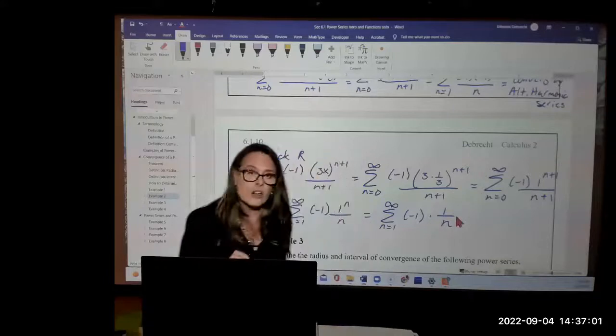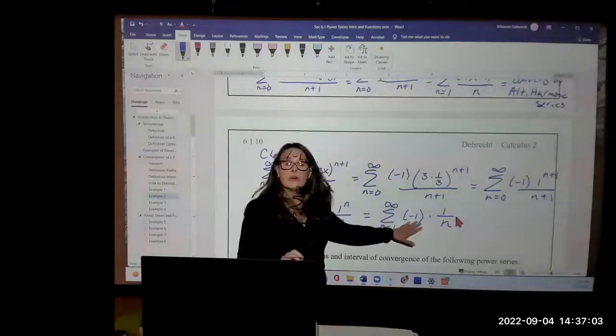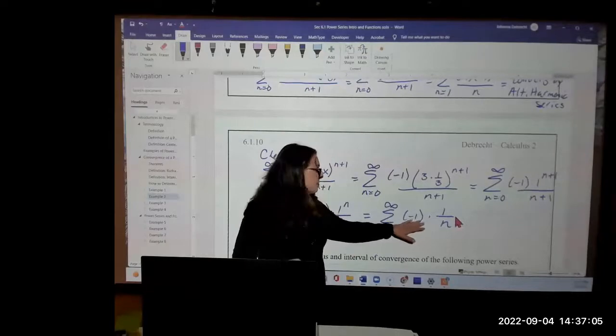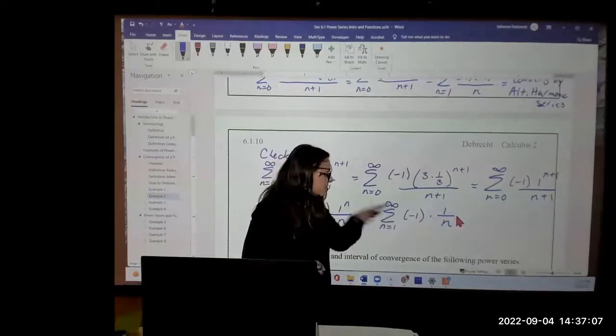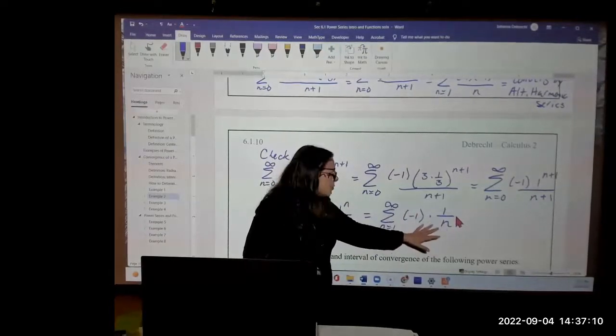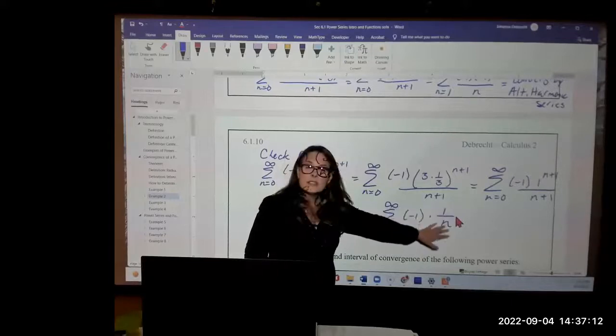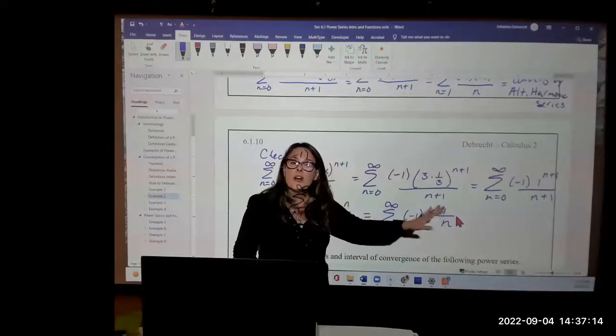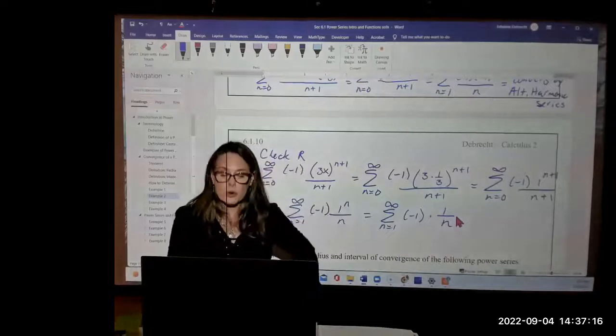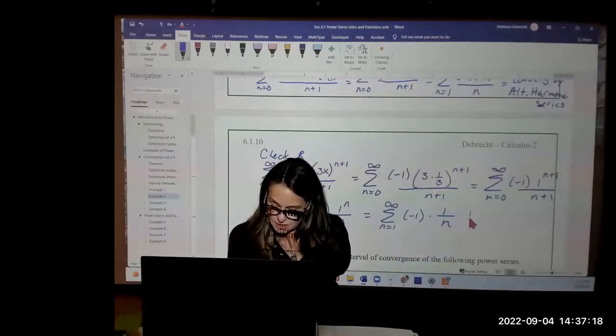Now this is not alternating because this -1 is not raised to a power. In fact, we could pull this on the outside provided that this converges. And when we're looking at this, this is, of course, the harmonic series, which we know diverges. So this is the harmonic series.